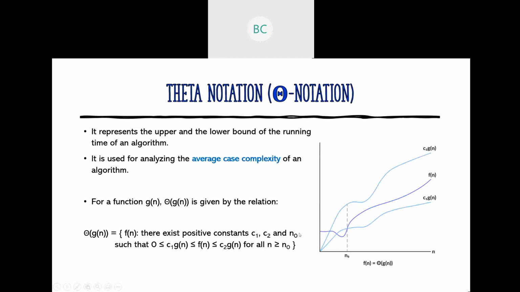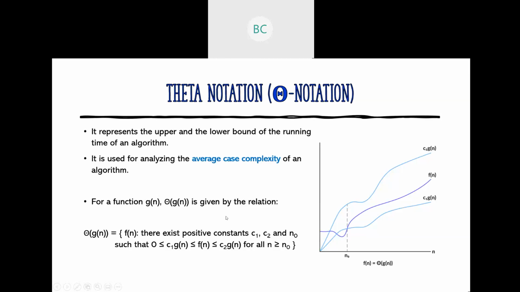Next is your theta notation. Theta notation is for your average case. It will provide both the upper bound and the lower bound. If I'm telling you your running time should be between 2 minutes and 5 minutes, that means I'm giving you both the upper bound and the lower bound. For theta notation, your f(n) function will lie between g(n) functions with different constants.